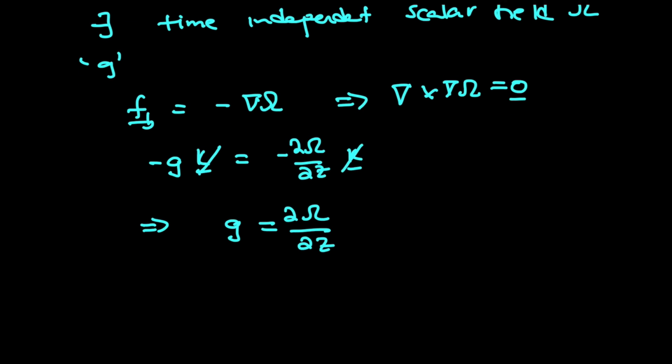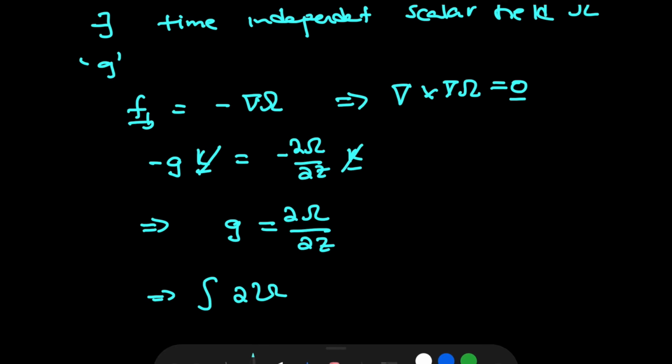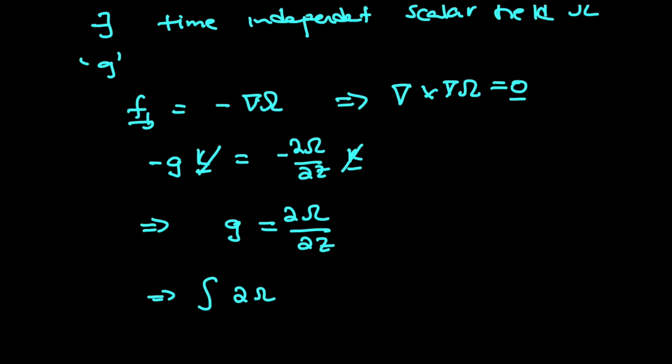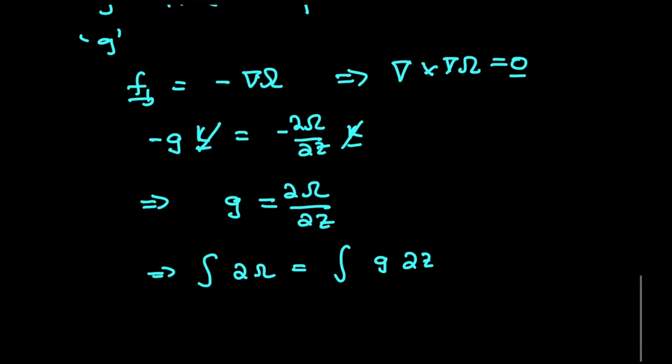So in order for us to solve for omega, we need to integrate, you know what I'm saying? So we are going to integrate g dz.